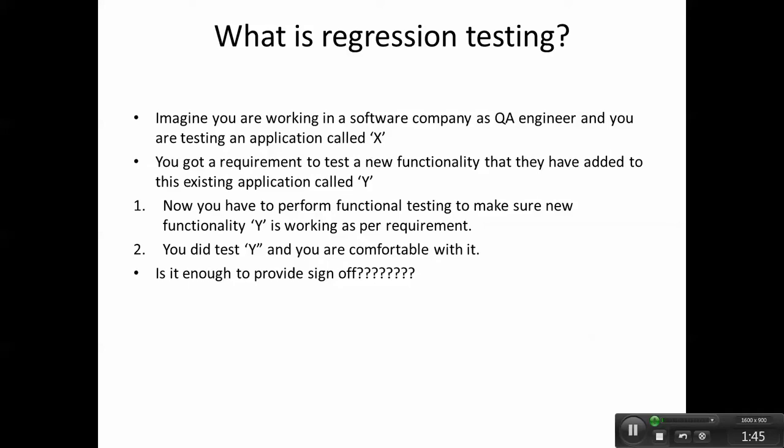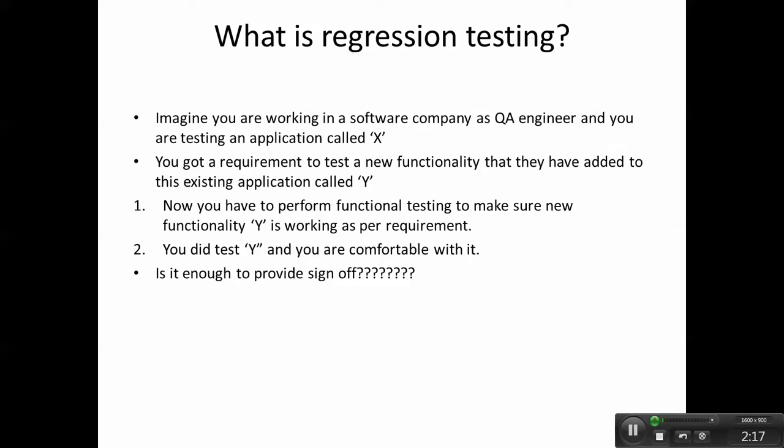So our developer worked on the new functionality called Y, and then he assigns that to QA. Once it is ready for test, you will be notified that you can start your testing. You will put together all your positive scenarios and negative scenarios, and if you have any questions, you will consult the business analyst and get them clarified with your business teams, and then you will start working on your Y requirement.